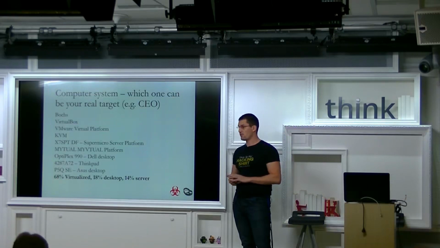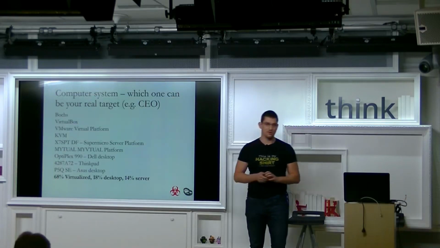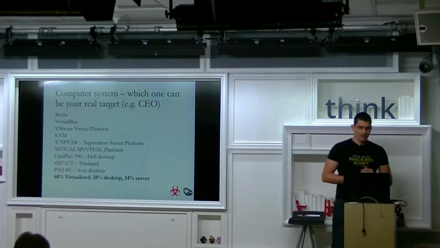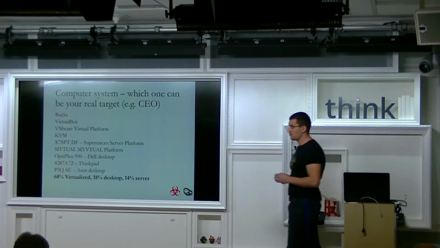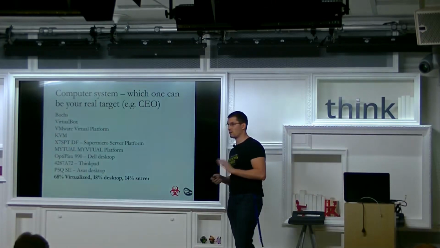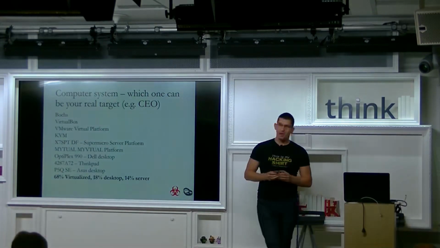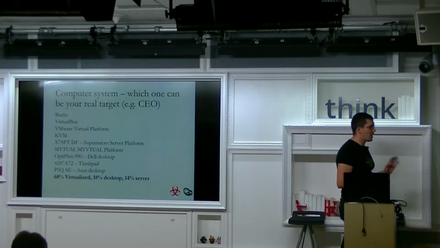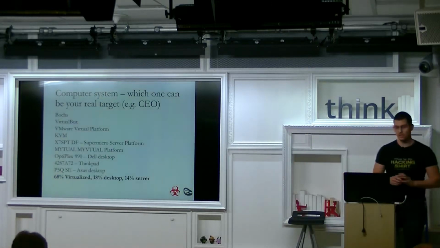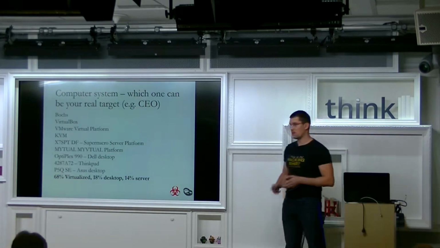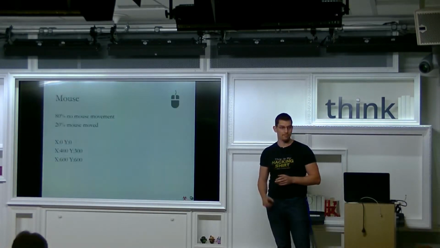If you see, for example, Box, then you can be sure that this is not a real user workstation. In my research, I found that almost 70% of these sandboxes were using some kind of virtualized environment. Almost 20% looked like a desktop, but I'm sure they just faked it, and around 14% looked like a server.